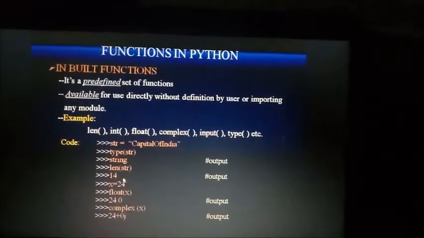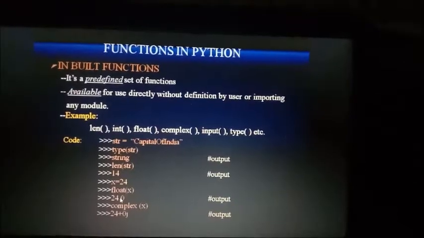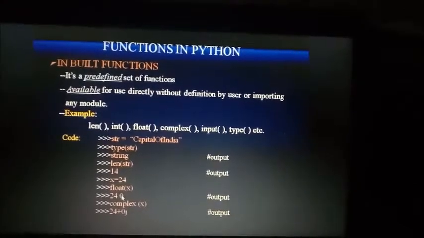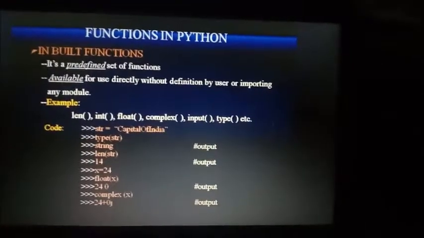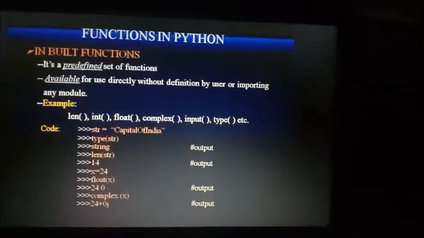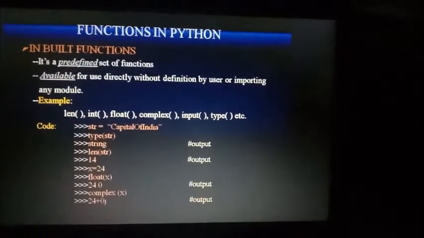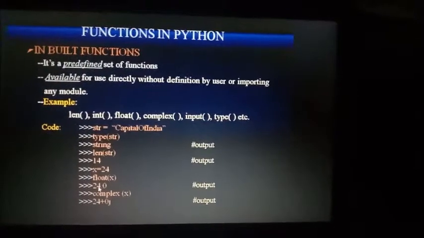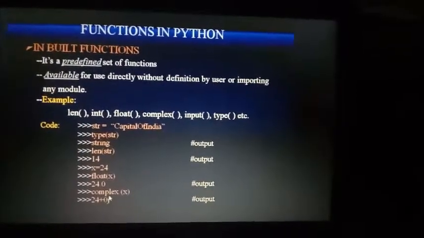Similarly, the len function will return the length of the string, that means how many characters are there in the string. So it holds 14 characters. Then we use another variable x with the value 24 assigned to it. Now we used the float function and passed x as an argument. So x will be converted to a float type.